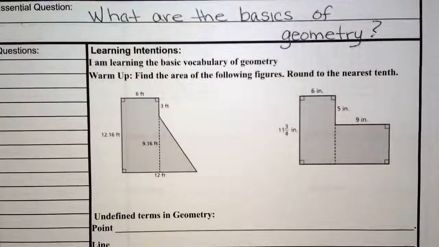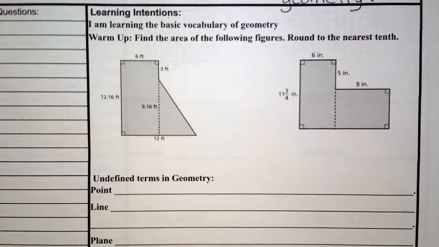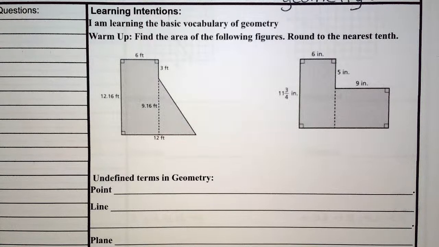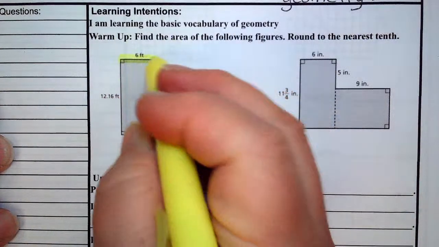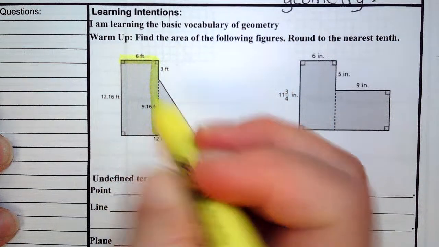Well, I do hope you tried to do it on your own and you're only checking your answers. So if I'm looking at the first rectangle, this is the part I'm looking at right now.